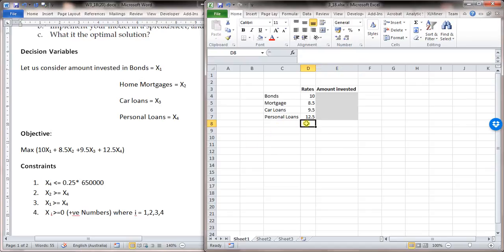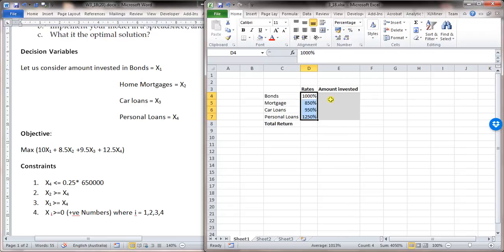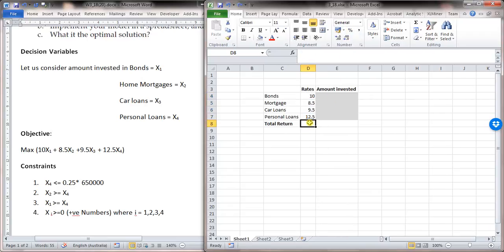To find the total return, let's write total return and call it the effective percentage. These rates are percentages, so let's keep them as percent.